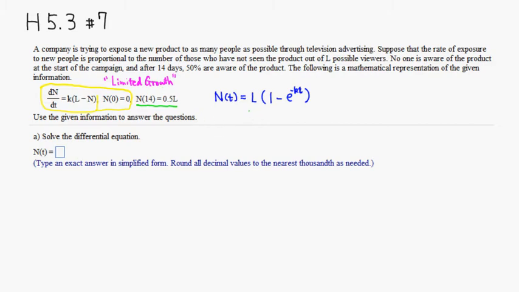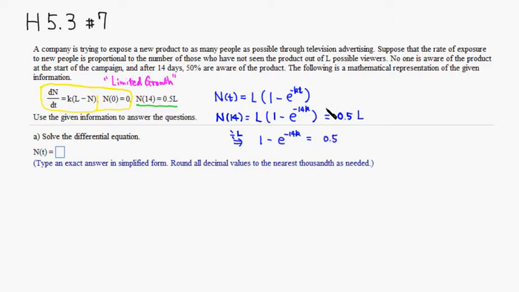It says that N of 14 is equal to L times 1 minus e to the negative 14K, and this is equal to 0.5 L. So we can find the K by dividing through by L. So you have 1 minus e to the negative 14K is equal to 0.5.